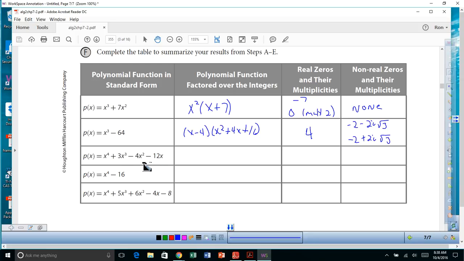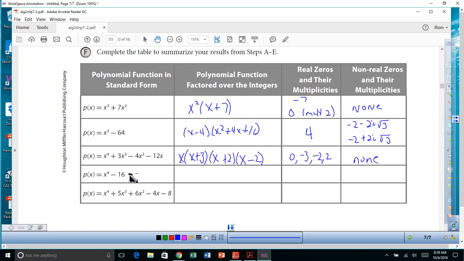And let's try this next one here. Remember, there was an x. We factored out an x, and then we got an x plus 3, and then an x plus 2, and an x minus 2. So we had 0, negative 3, negative 2, and 2. That's 4 real zeros. So there were no non-real zeros. That completely factored out.